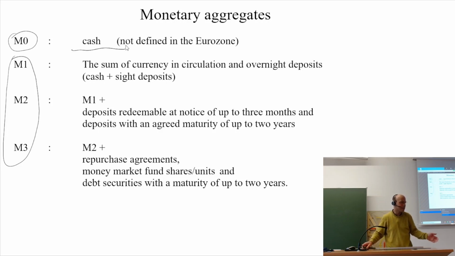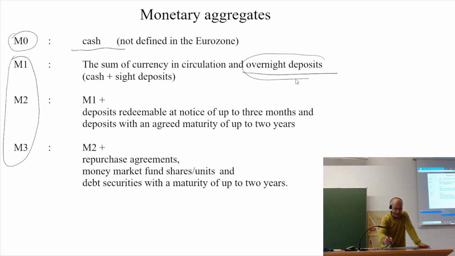But most times we are not buying our goods with cash money. We are buying this just with our credit cards, with our banking cards. So what is behind this? Behind this is just our banking account, and these are banking accounts with an overnight deposit.